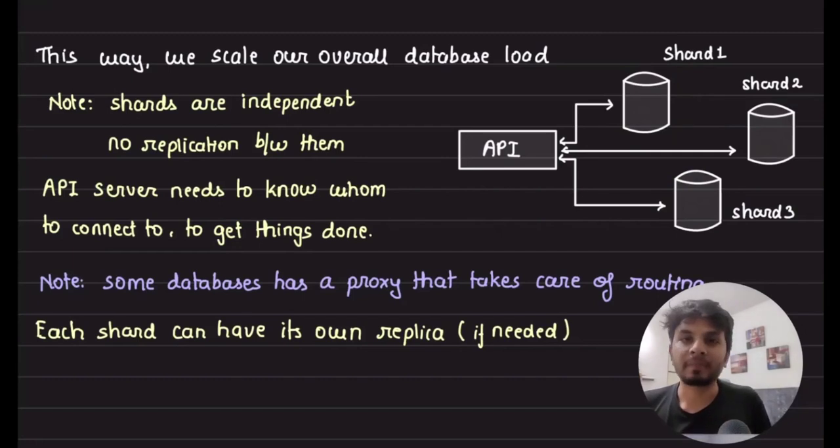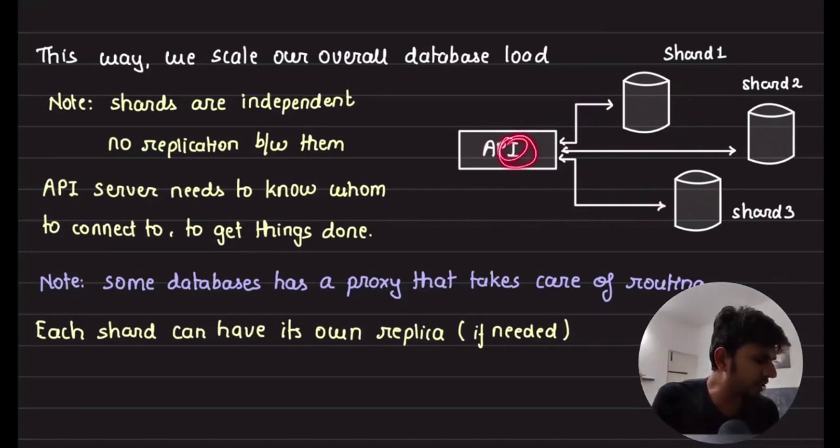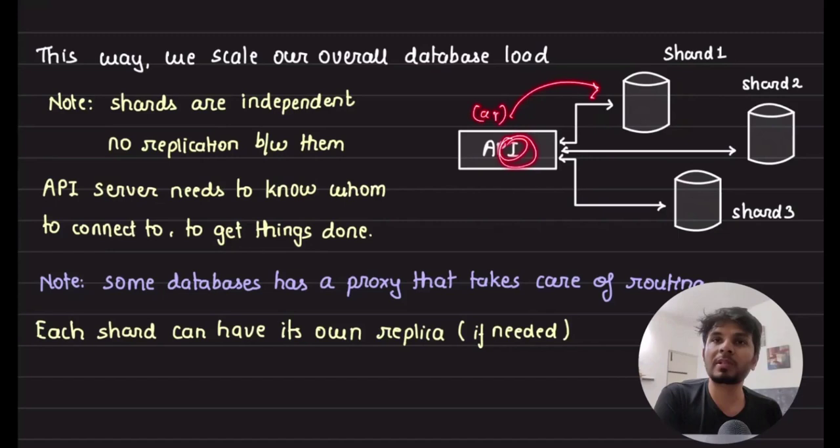This is sharding. Now, similar to how your API knows about the read replica and master, in the simplest implementation your API knows about the existence of all three shards and knows where to go. The API server has the logic that if the key is in the range A to J, it uses the connection object of shard 1, otherwise shard 2, otherwise shard 3.